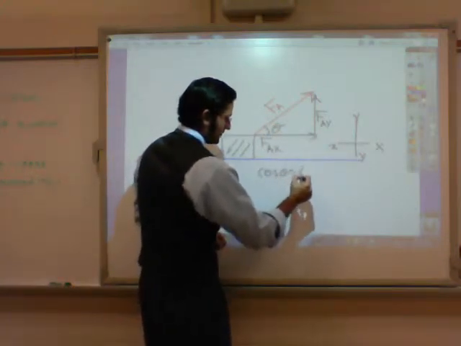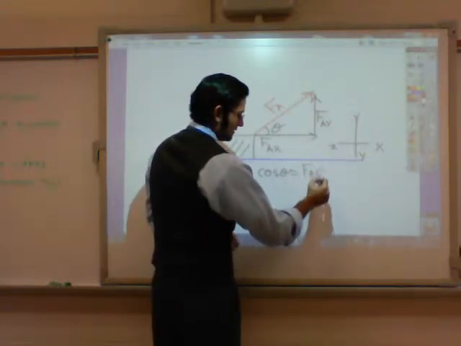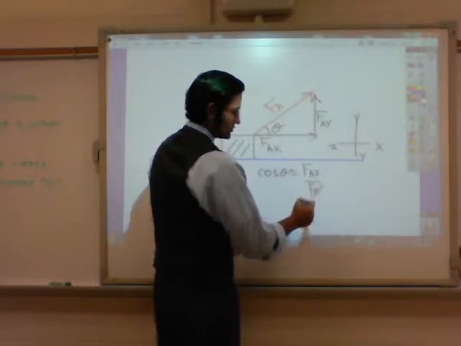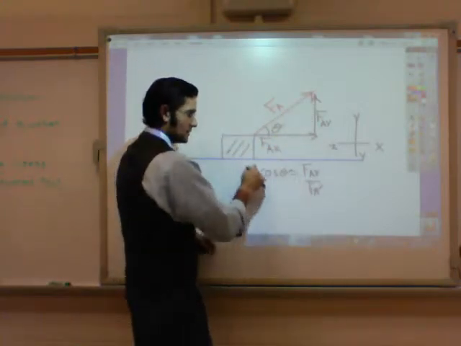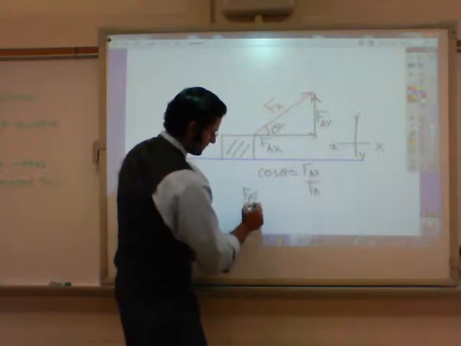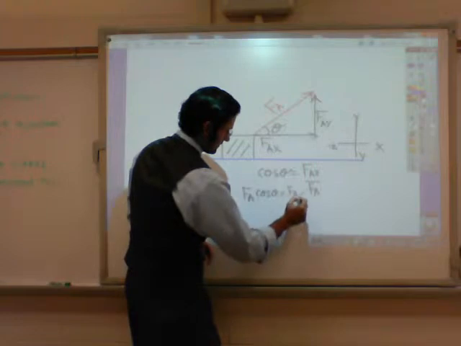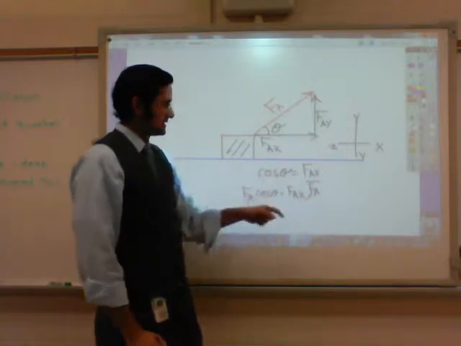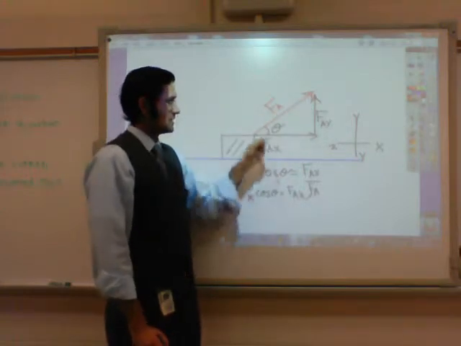Cosine theta is equal to adjacent over hypotenuse. This is your hypotenuse, this is your adjacent side. You multiply the Fa, and you've got Fax. Fax is going to be Fa times cosine theta.